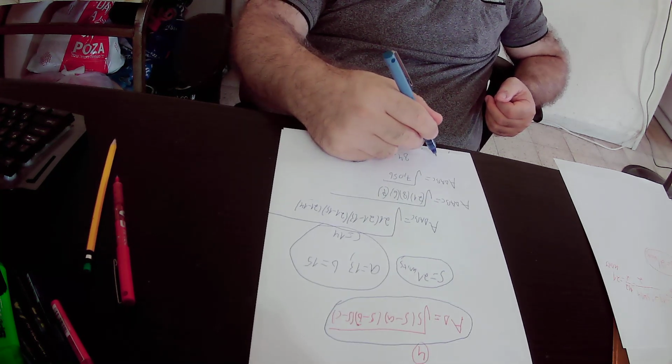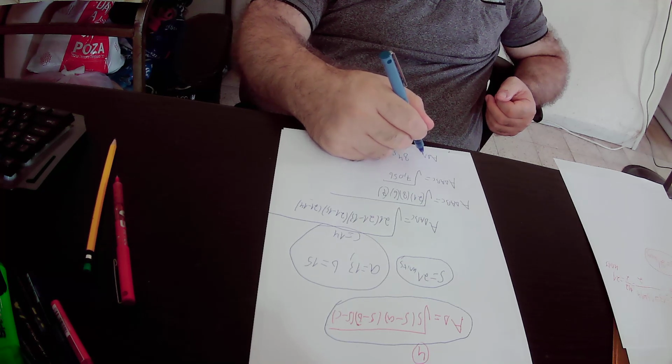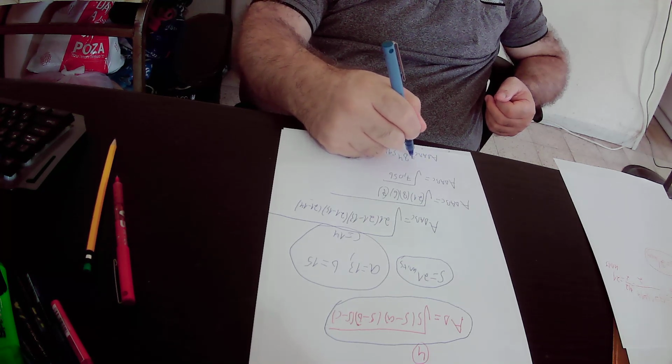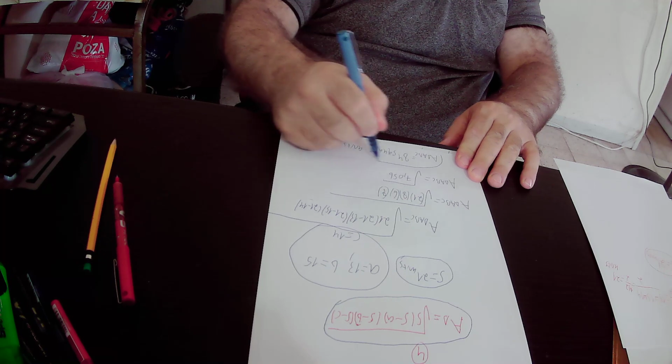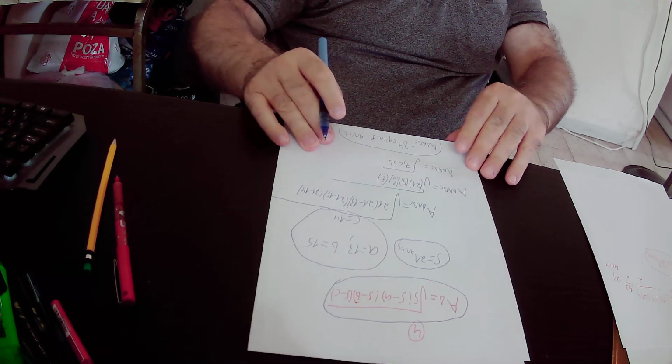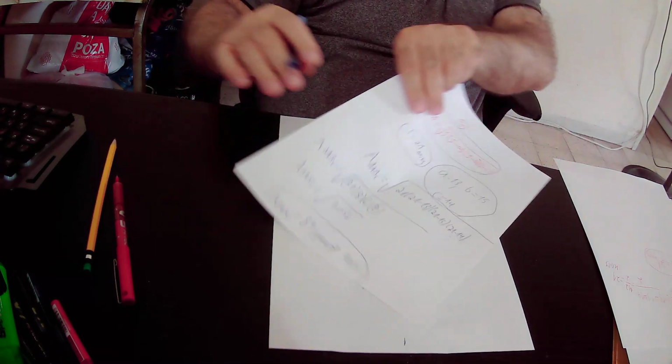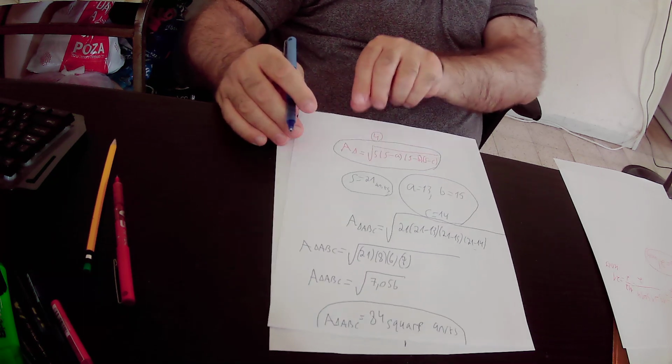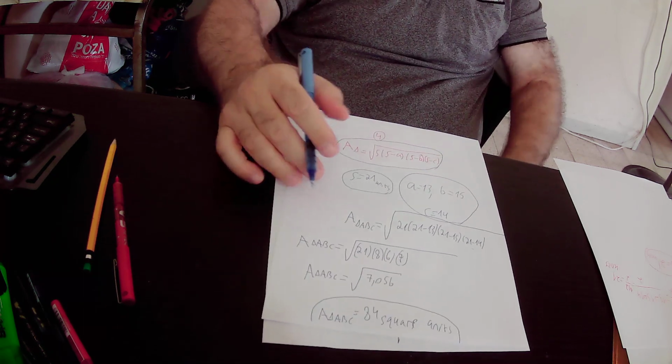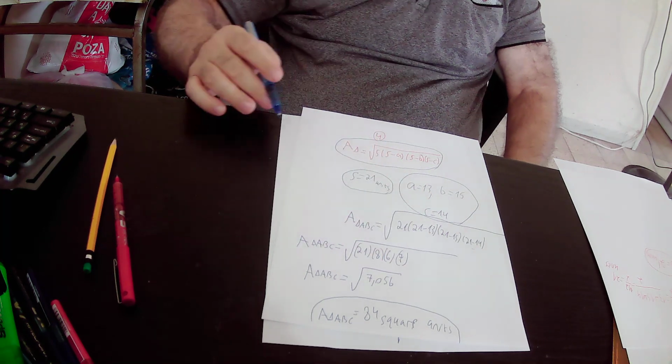So the area of triangle ABC according to the new formula equals 84 square units.